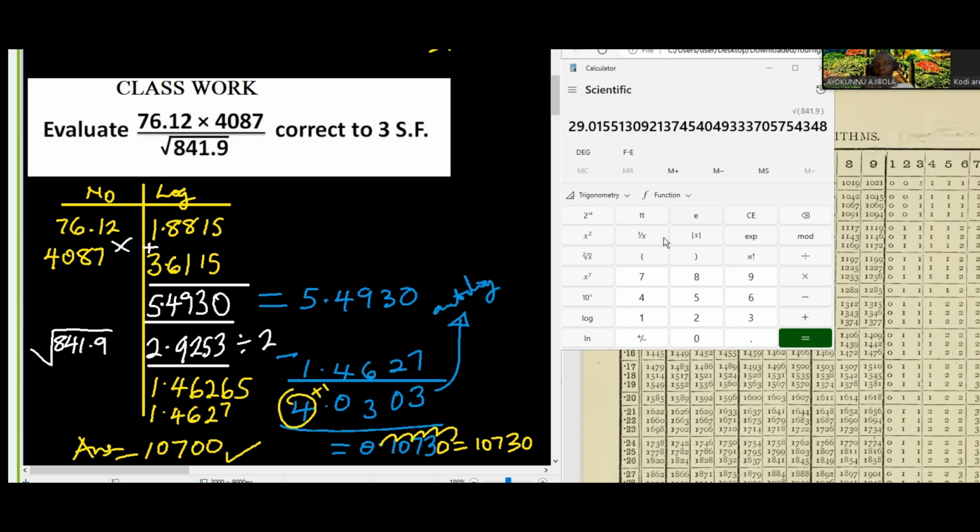The number at the top is 76.12 times 4087. Then we want to divide the result by 29.0155.